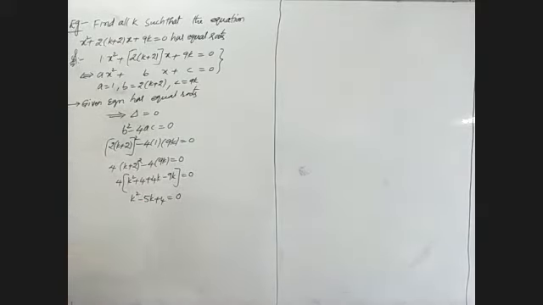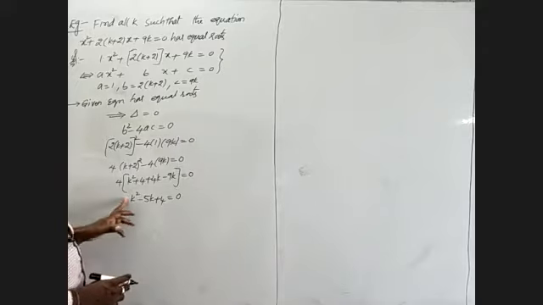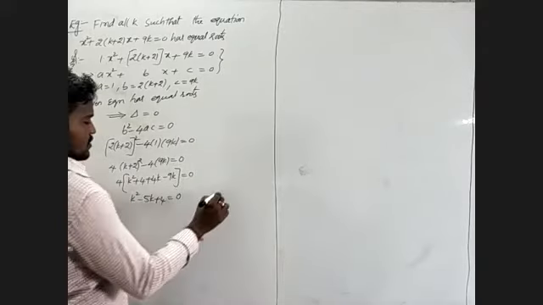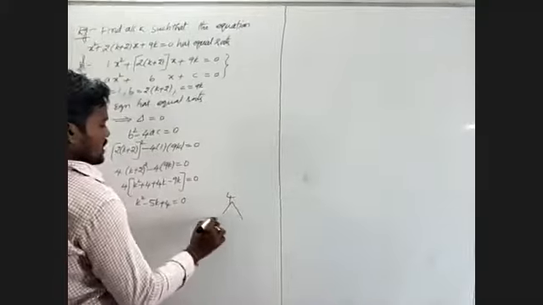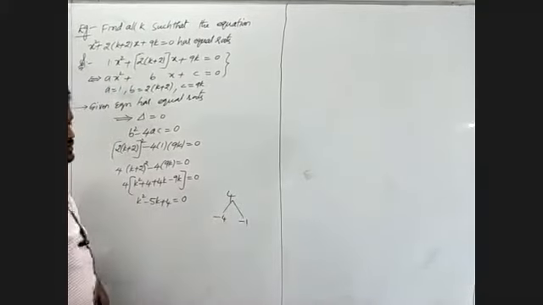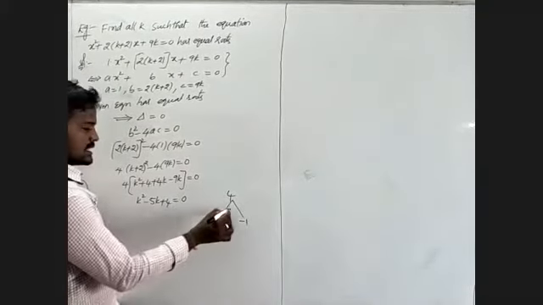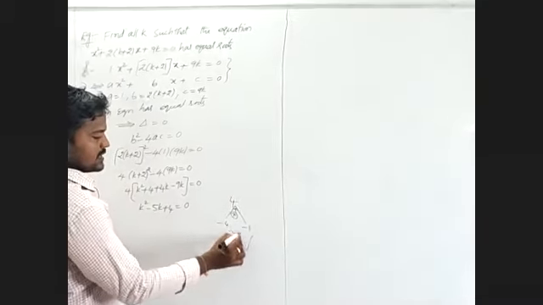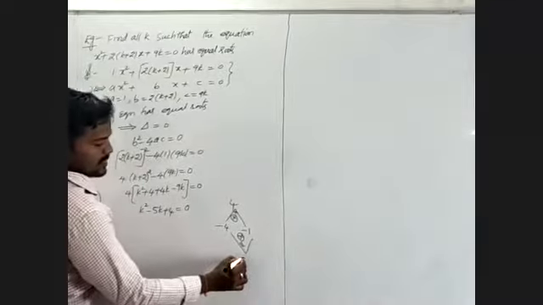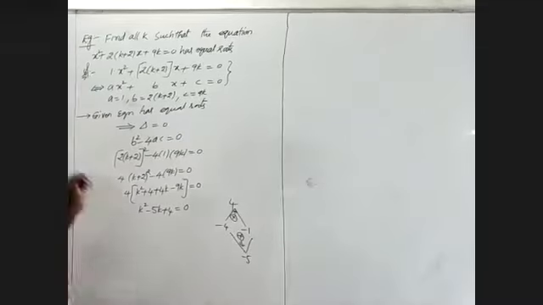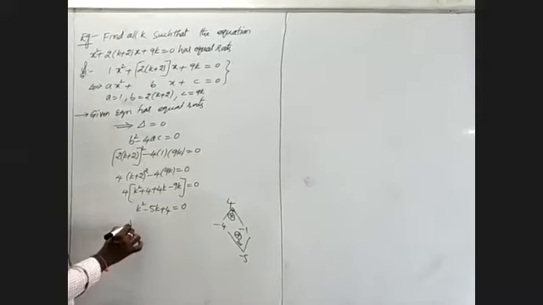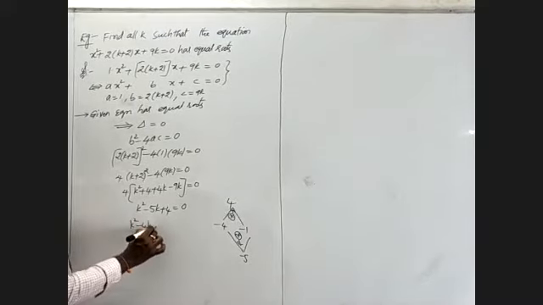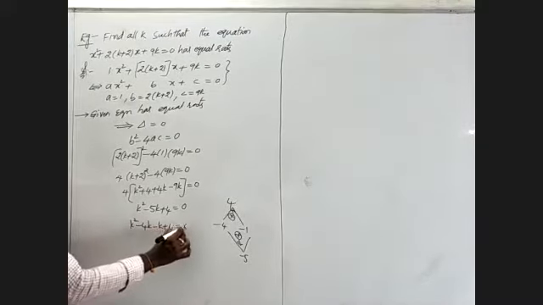The factors we have to write. The k square coefficient is 1, the constant is 4, 1 into 4 that I will write 4. Here we will take minus 4 and minus 1. When it satisfies their multiplication, it must satisfy their addition too. Their addition will become minus 5. Given one can be written as k square minus 4k minus k plus 4 equal to 0.